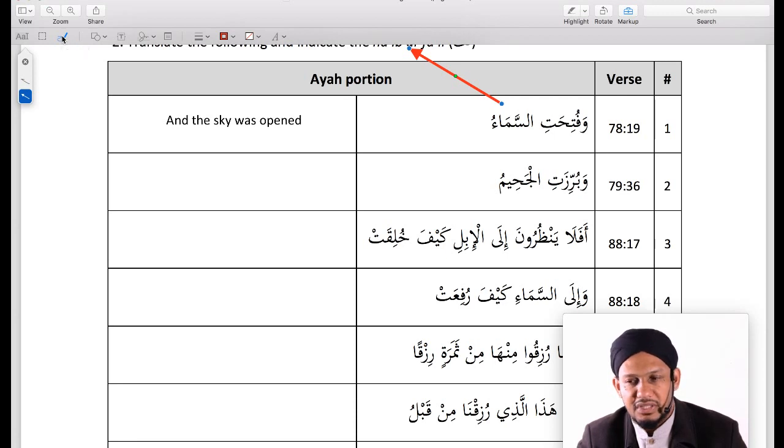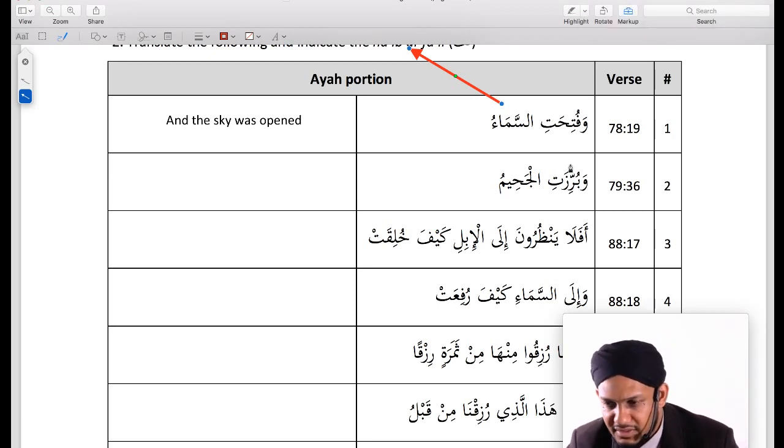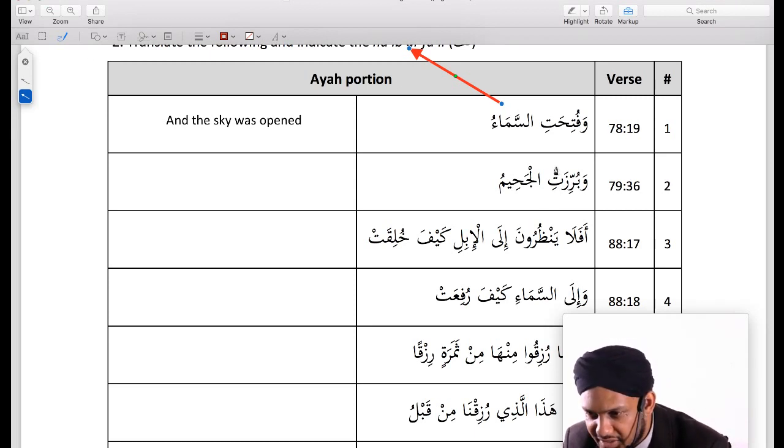So burrizat is going to mean is made, was made present. Now again, this here originally had a sukoon here. This originally had a sukoon here.